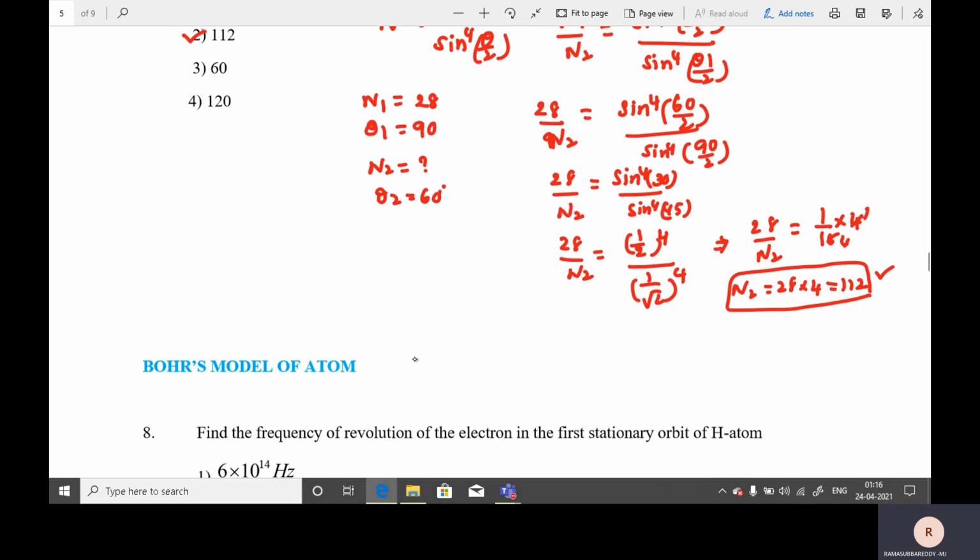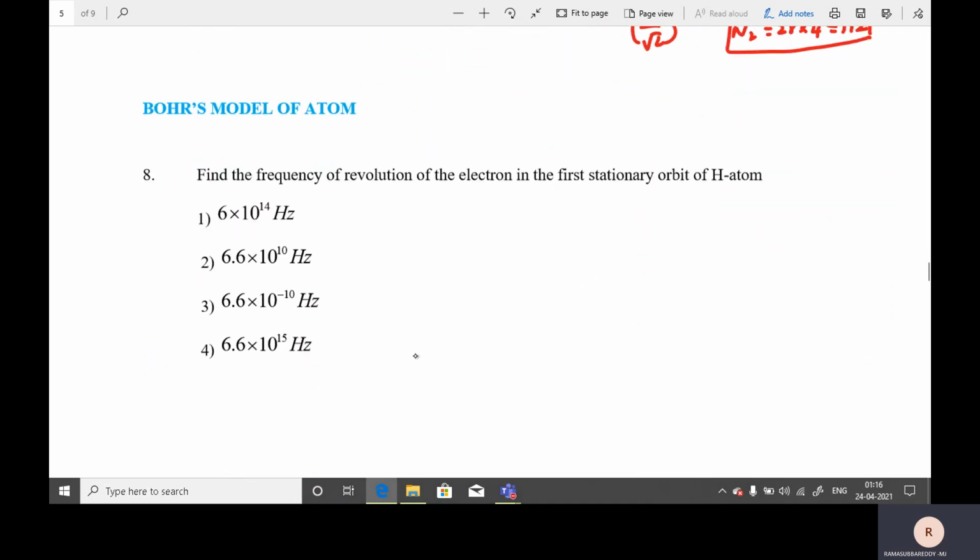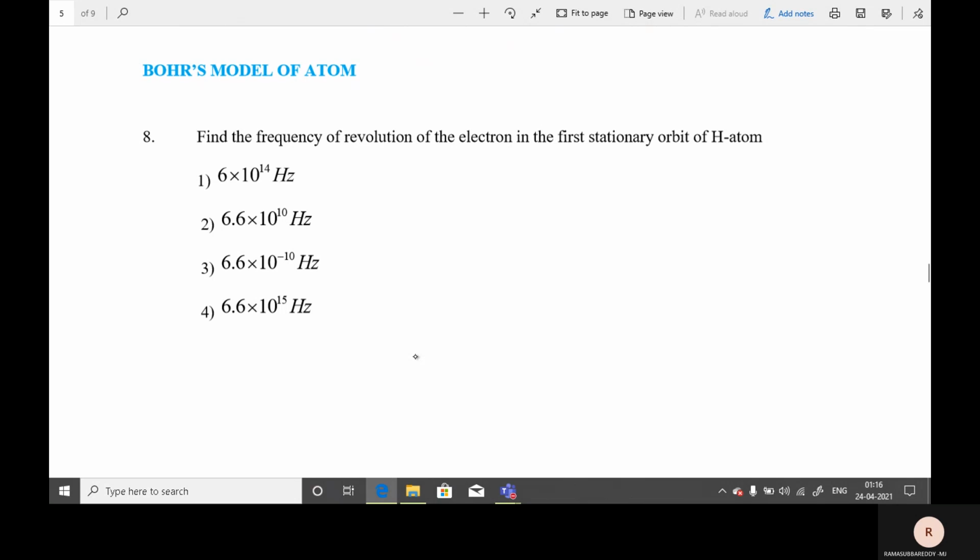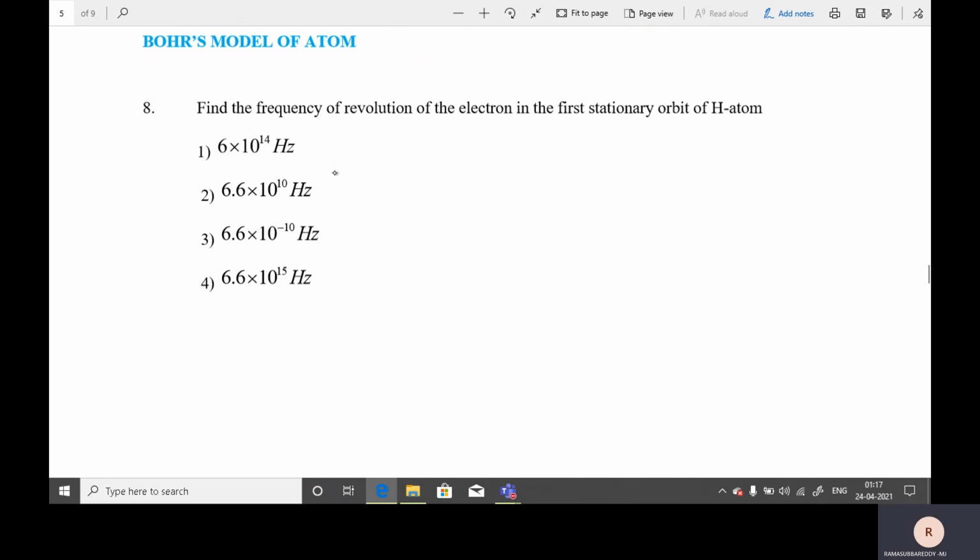Bohr's model of atom. First one, find the frequency of revolution of the electron in the first stationary orbit of hydrogen. What we have to find? Frequency of revolution of the electron.